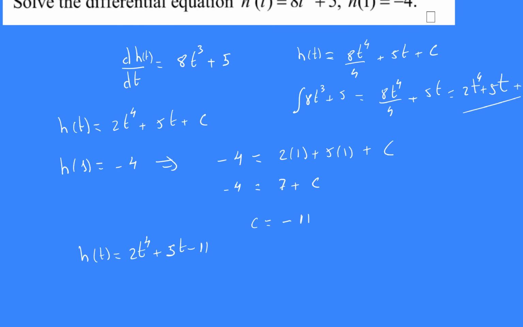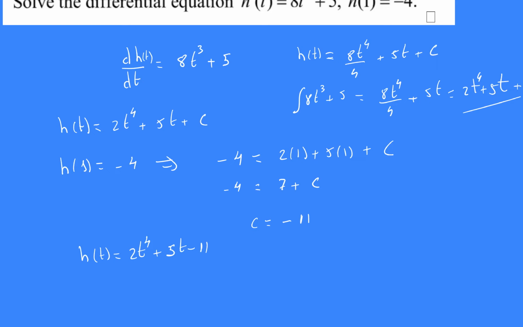Now, once you have h of t like 2t^4 plus 5t plus c, determine what is c. How will you determine what is c? The problem is saying that from the whole family of functions that exist, h of 1 is minus 4. So I will plug this information into this equation, and this will allow me to solve for c. h of 1 equals minus 4. What is h of 1?